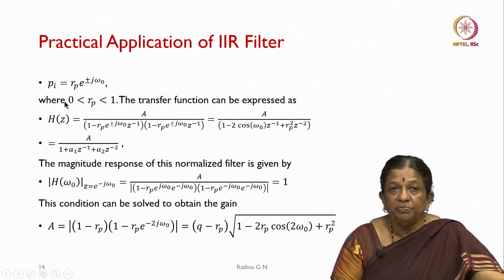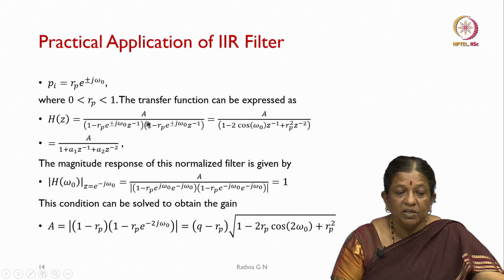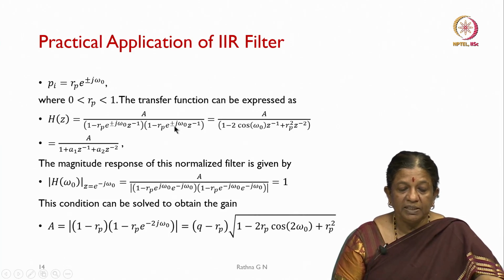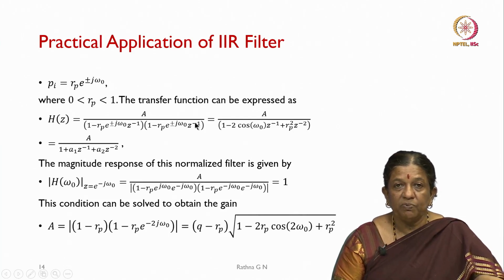We assume that Rp is in the range 0 to 1. The transfer function can then be expressed as H of z equal to A divided by 1 minus Rp e power j omega naught z minus 1, times 1 minus Rp e power minus j omega naught z minus 1.